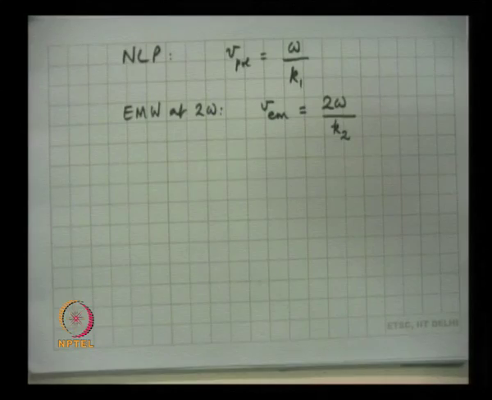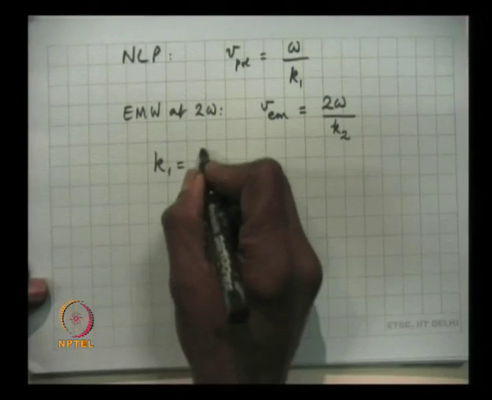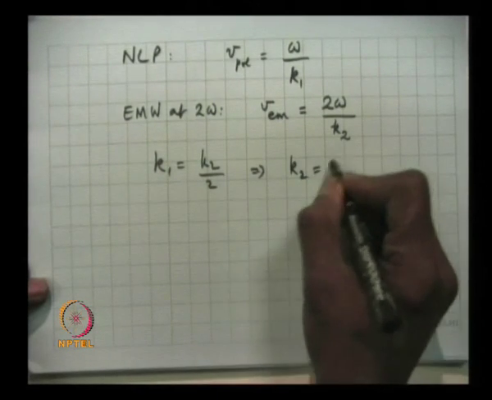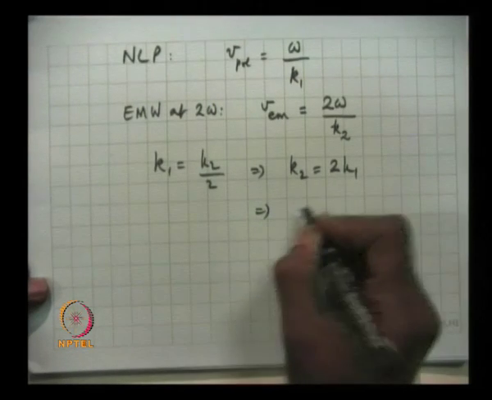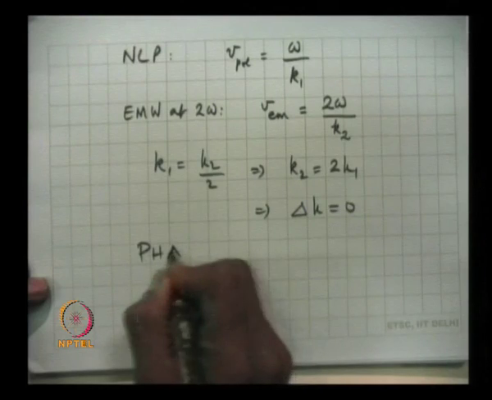What is the condition it implies? 2k1 must be equal to k2, because if these velocities must be equal, this implies k1 is equal to k2 by 2, which implies k2 is equal to 2k1, which implies delta k is equal to 0. This is a very important condition called the phase matching condition.